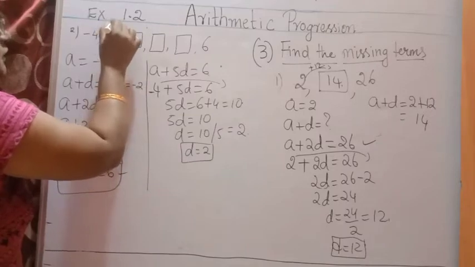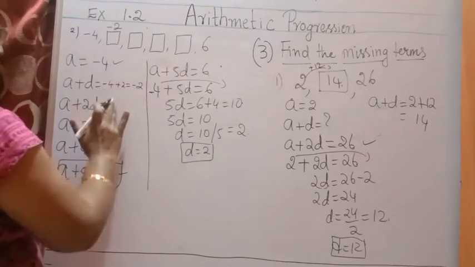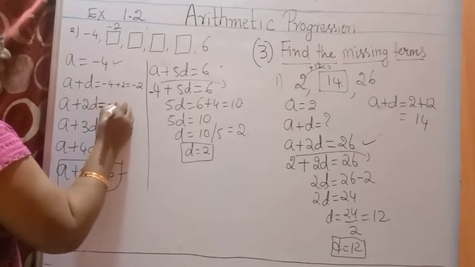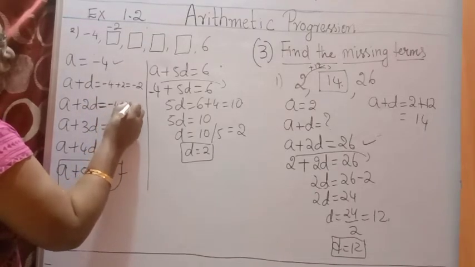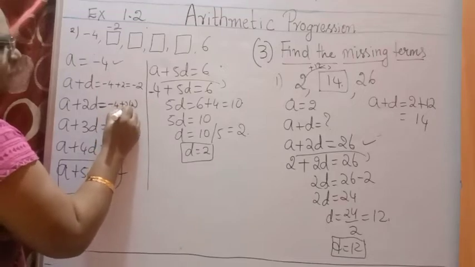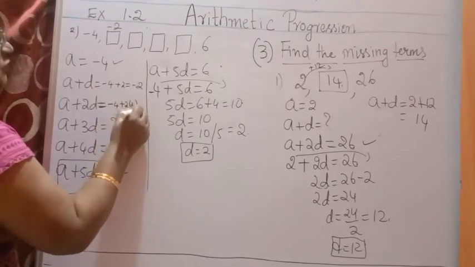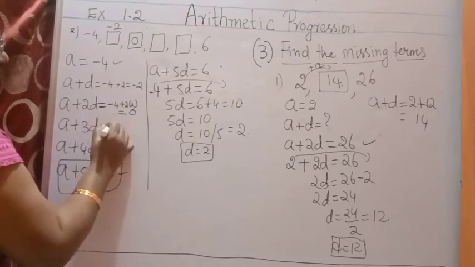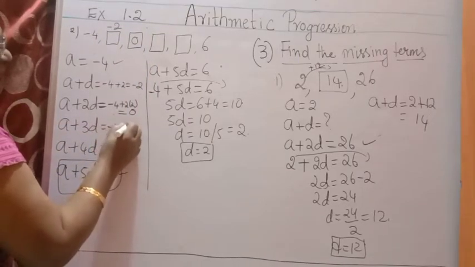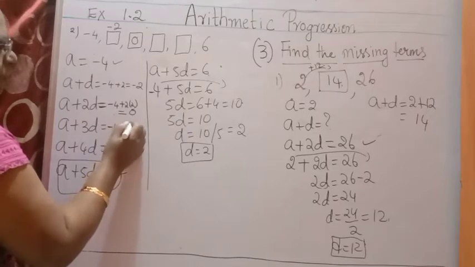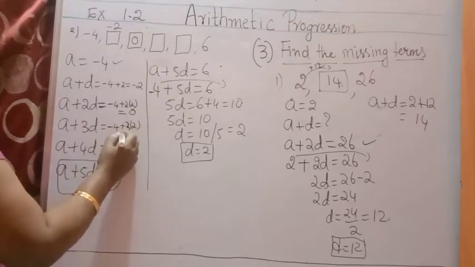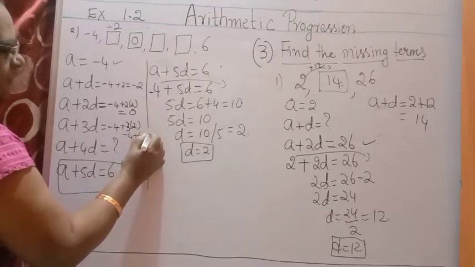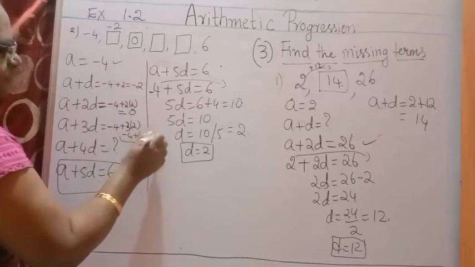Next, A plus 2D: minus 4 plus 2 into 2, that is minus 4 plus 4, which is 0. A plus 3D is nothing but minus 4 plus 2 into 3, 3 into 2, minus 4 plus 6, that is equal to plus 2.